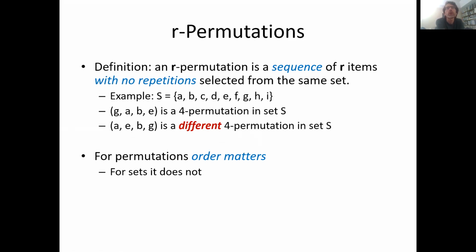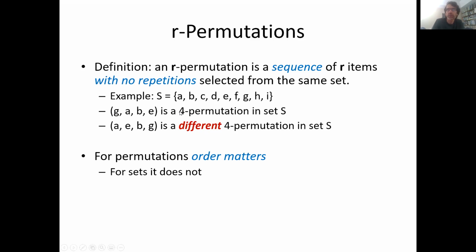Here's a notion. It's called an R-permutation. It's a sequence of R items in a set with no repetitions. So let's take the set of the first 9 letters, A, B, C, D, E, F, G, H, I. And here is a 4-permutation.